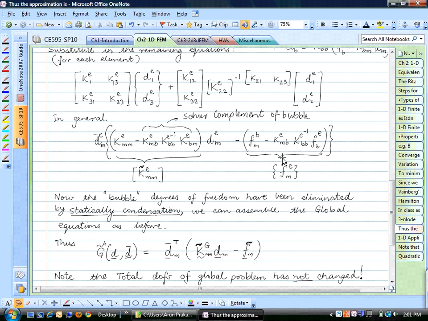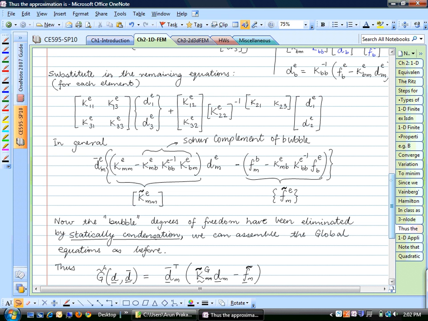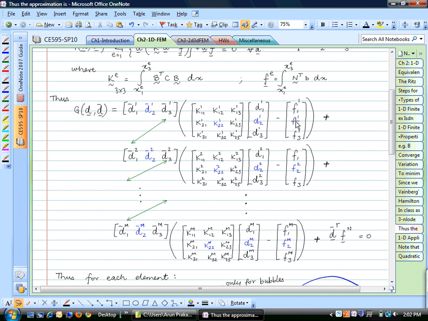when you assemble all these equations, now you can go back and assemble them into your global stiffness matrix, and that assembly process will be exactly the same as what you had before for the two nodes. Are you able to see that? Now that I have reduced my element contribution to a 2 cross 2, I can go back in our global degrees of freedom. I can eliminate the second row, all these second degrees of freedom from these elements.